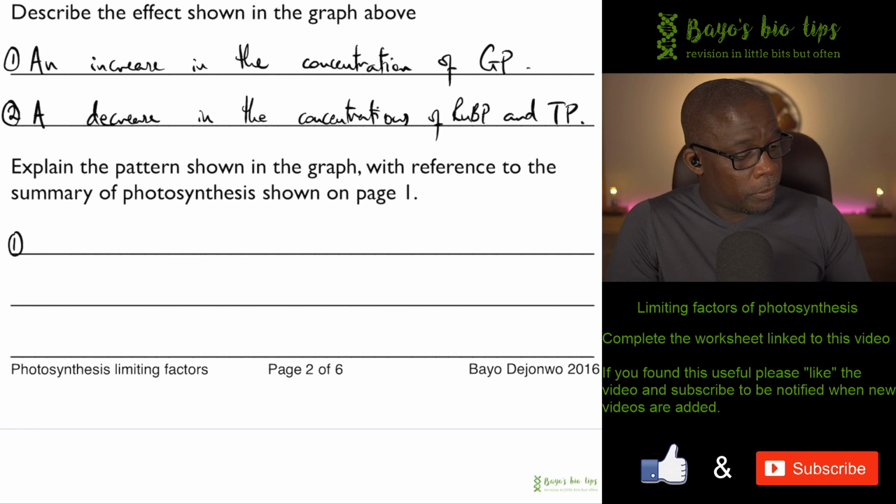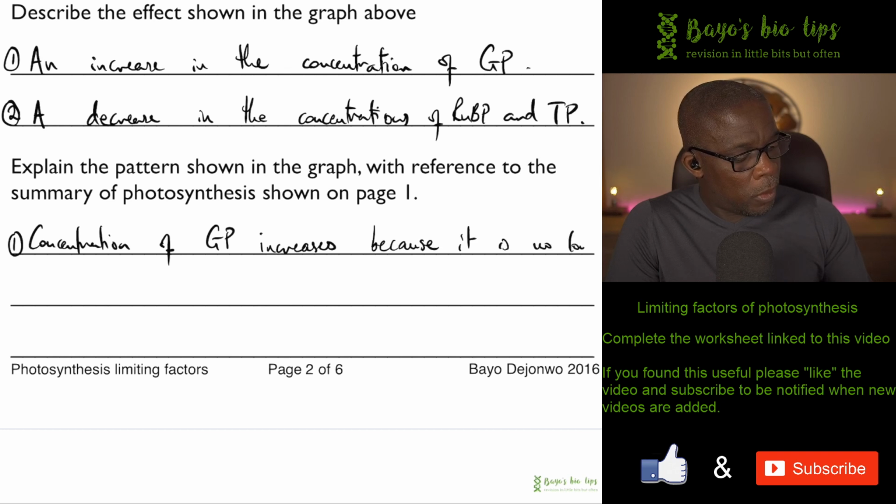So let's write that down. Concentration of GP increases because it is no longer converted to TP as less ATP and reduced NADP are available.